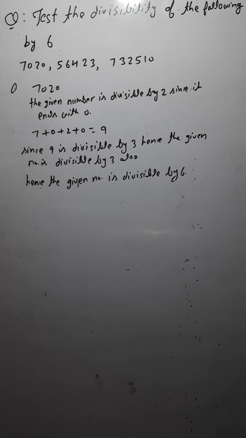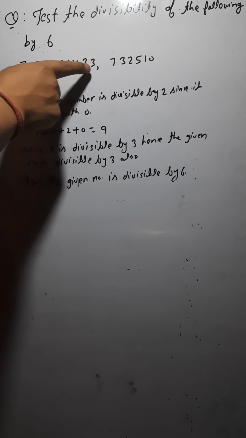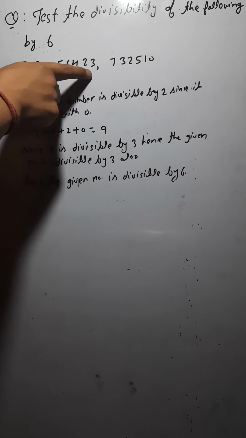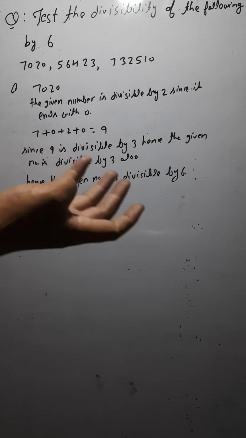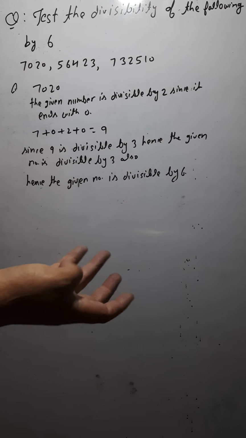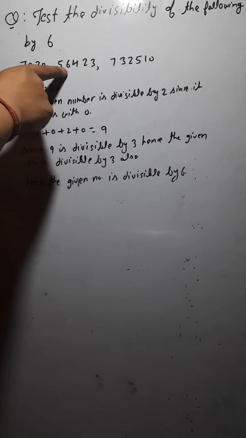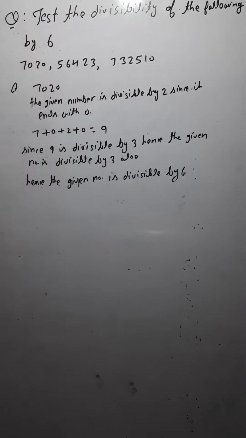So this is how you would do the second and third question also. Second question, you can just think here, it is not divisible by 2. Because it ends with 3 here. Any number which ends with the digit 0, 2, 4, 6, 8, that number would be divisible by 2. But this number is not divisible by 2. So if it is not divisible by 2, it cannot be divisible by 6 also.